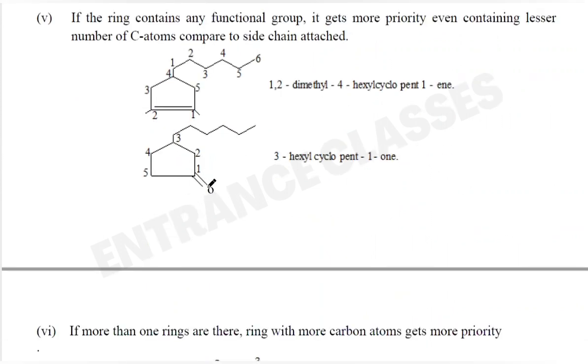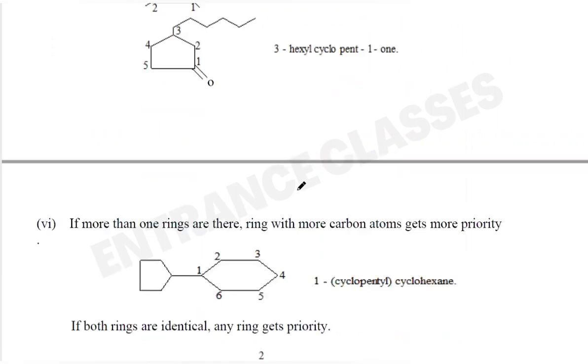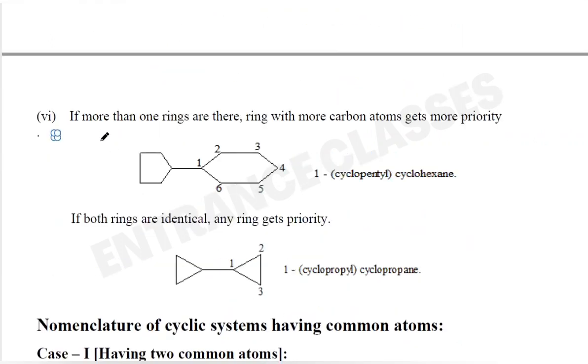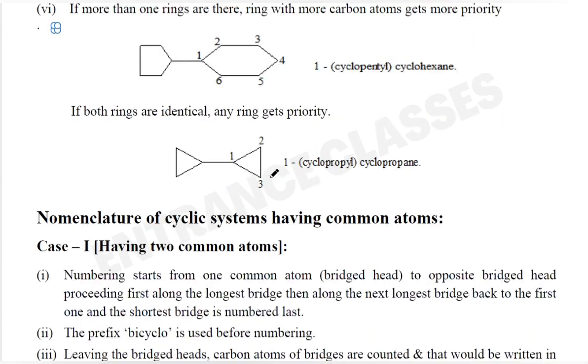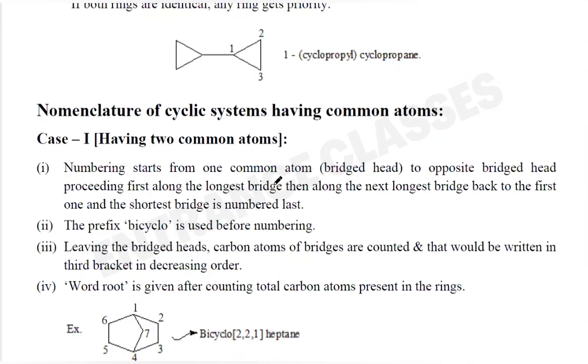Here, this is the keto, 3-hexyl, this is hexyl 1, 2, 3, 4, 5, 6, 3-hexyl cyclopentanone, cyclopent-1-one, right? Now, if more than 1 rings are there, ring with more carbon atoms gets more priority. So this will be the main, this is the side. So 1-cyclopentyl cyclohexane. Now, if both are identical, any ring gets the number. So this is 1-cyclopropyl cyclopropane.